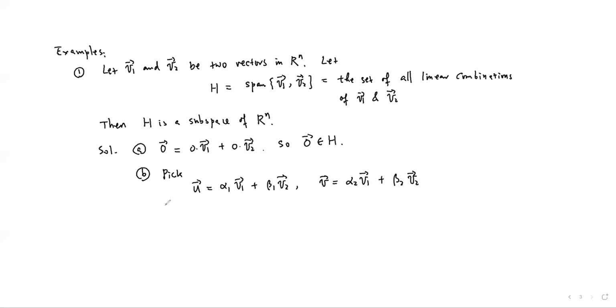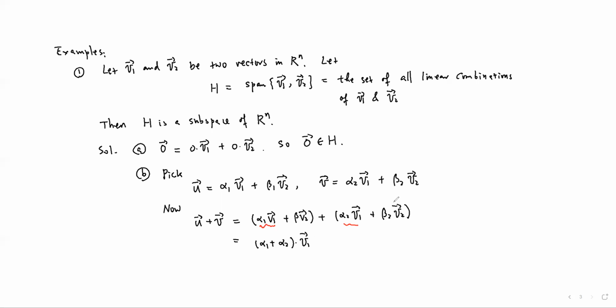Now let me make a sum. U plus V is equal to alpha 1 V1 plus beta 1 V2 plus alpha 2 V1 plus beta 2 V2. I combine this term and this term. Then I get alpha 1 plus alpha 2 times V1.